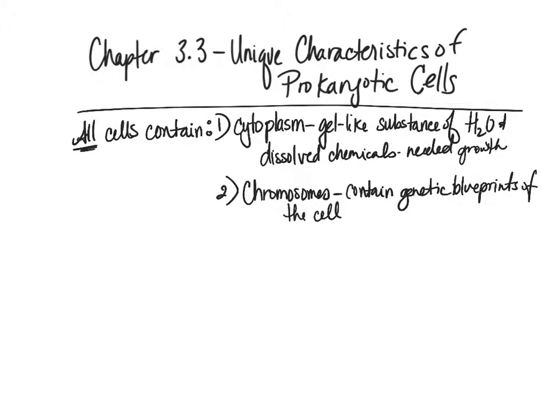We'll talk about that. The third thing that all cells have are ribosomes. So you should recall from your study of eukaryotic cells that ribosomes are the organelles that make proteins. So organelles used for production of proteins.